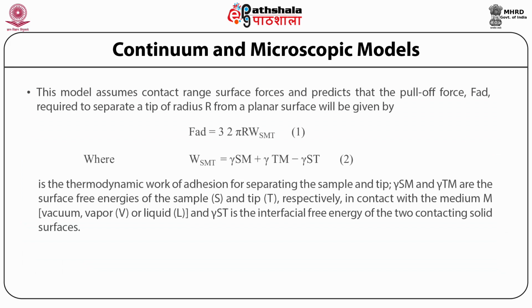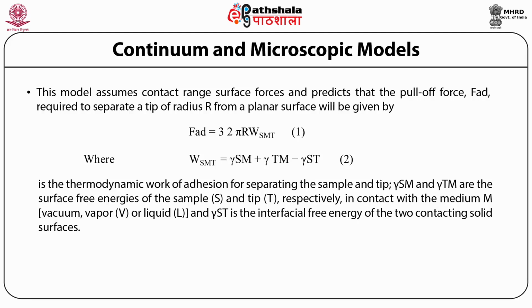The model assumes contact range surface forces, and predicts that the pull-off force FAD required to separate a tip of radius R from a planar surface will be given by the relation, which gives us a mathematical relation between the forces where W_SMT is also equivalent to some other equation.